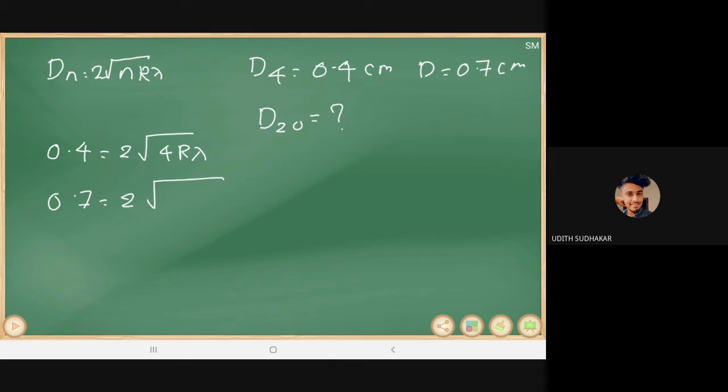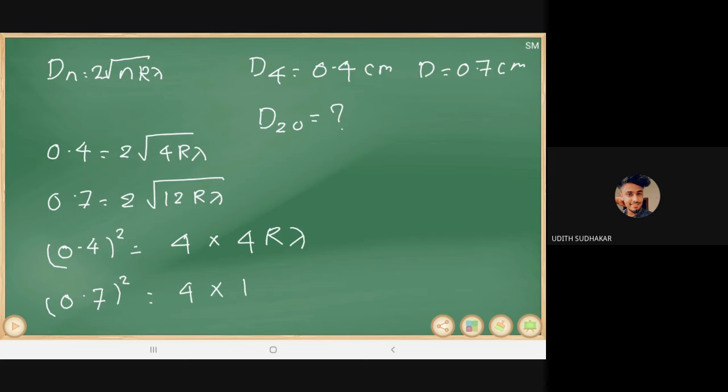Comparing, it is better to square it: 0.4 squared is equal to 4 into 4 r lambda, then 0.7 squared is equal to 4 into 12 r lambda.